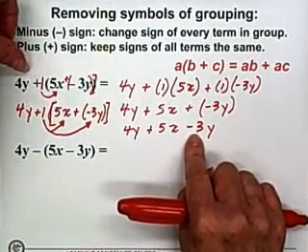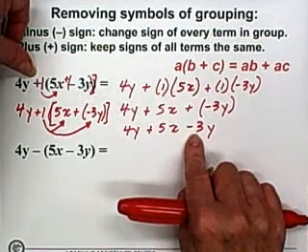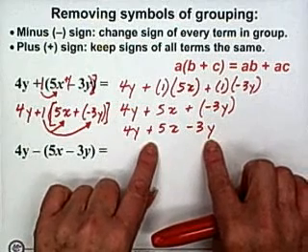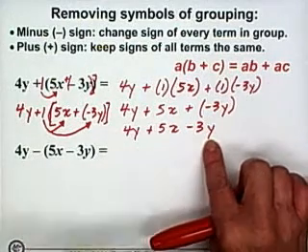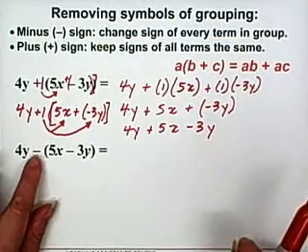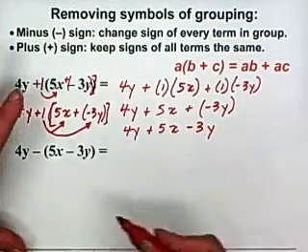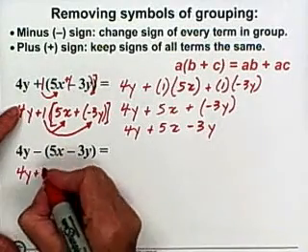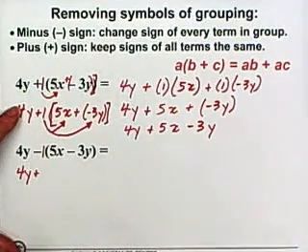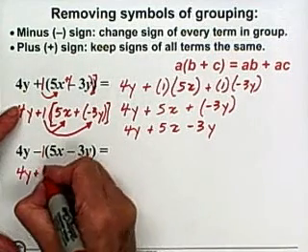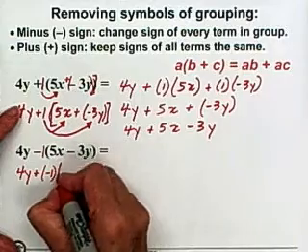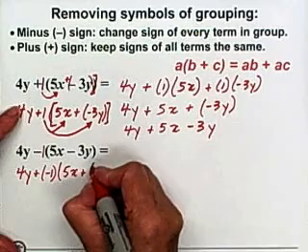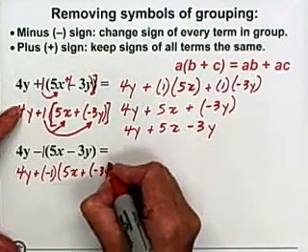So when you have a plus sign in front of your parentheses, you can remove the brackets and keep the signs the same on your terms. Now let's work on the one that has the minus in front. I'm going to rewrite this as 4y plus, this is actually a minus 1 in front of the parentheses, so it's a minus 1 times 5x plus minus 3y.